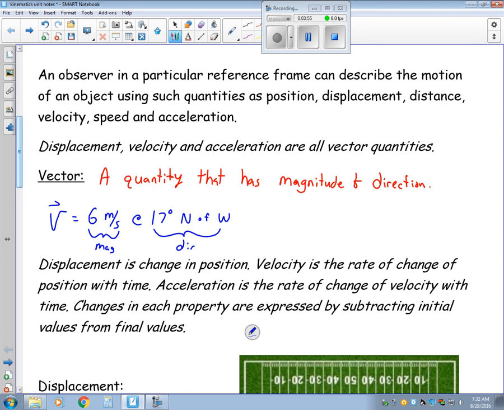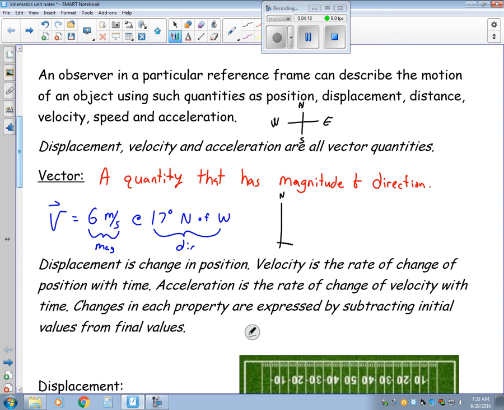So if I were to make a plot of this velocity here, north, you guys probably know the compass, north, west, east, and south. It always spells out the word we, and it's north of west.